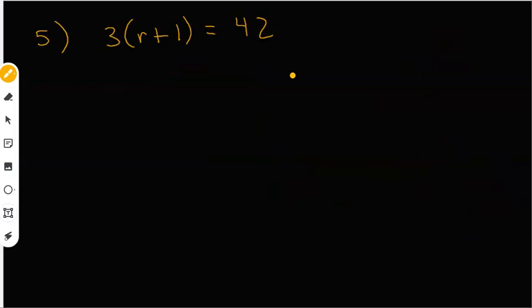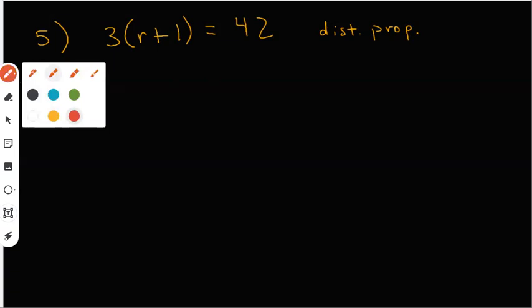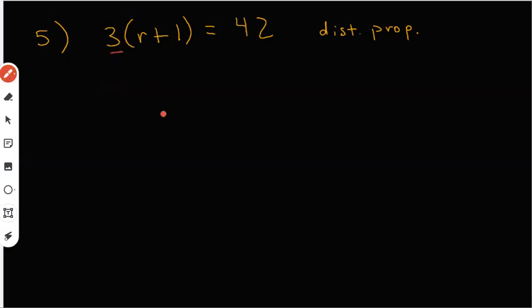You can actually use the distributive property to help you out with this. Basically what that means is you've got something on the outside, in this case a 3, and I need to distribute that 3 to everything on the inside of the parentheses.